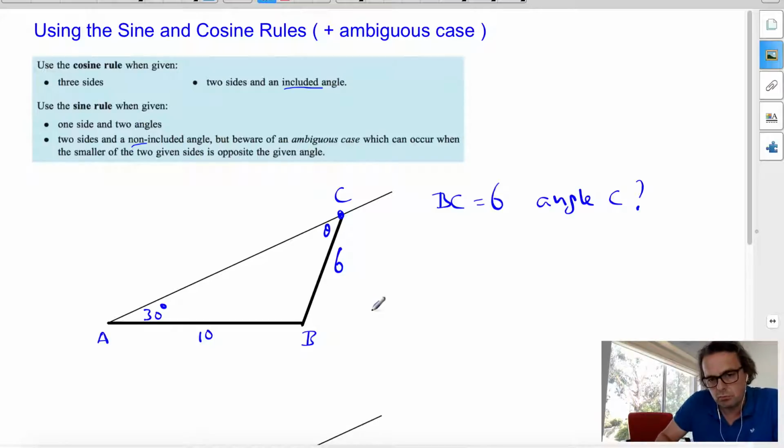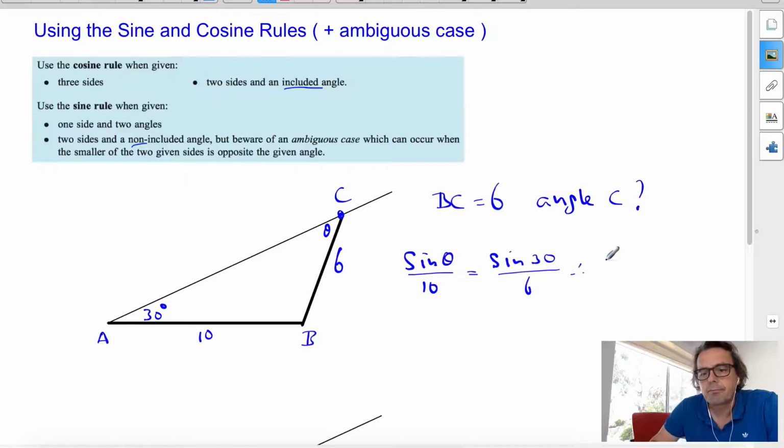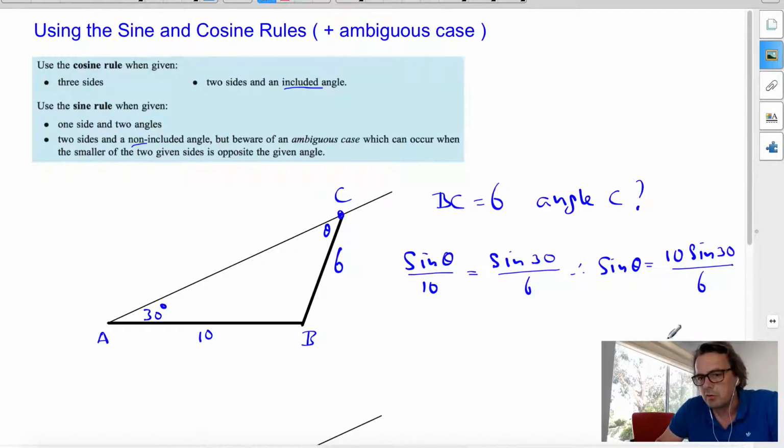And how do we find this angle here at C, theta? Well, you use the sine rule. The sine of theta over 10, that's what the sine rule says, is the same as the sine of 30 over 6. Work it out further, you get the sine of theta is 10 times the sine of 30 over 6.